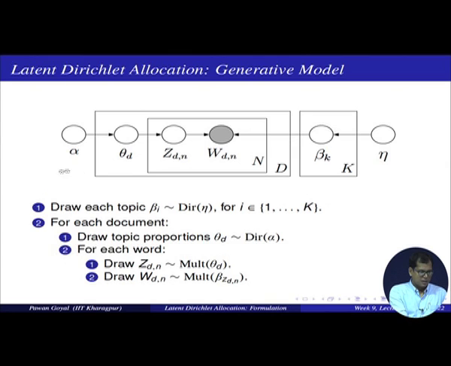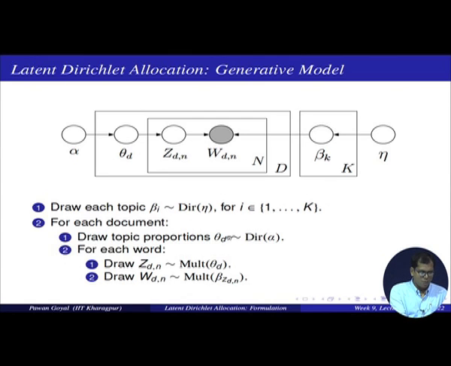Now you go to your documents. So for each document, that is small d, draw topic proportions. You find out what the topics involved in this document are, as a Dirichlet distribution over alpha. We will talk about these Dirichlet distributions.